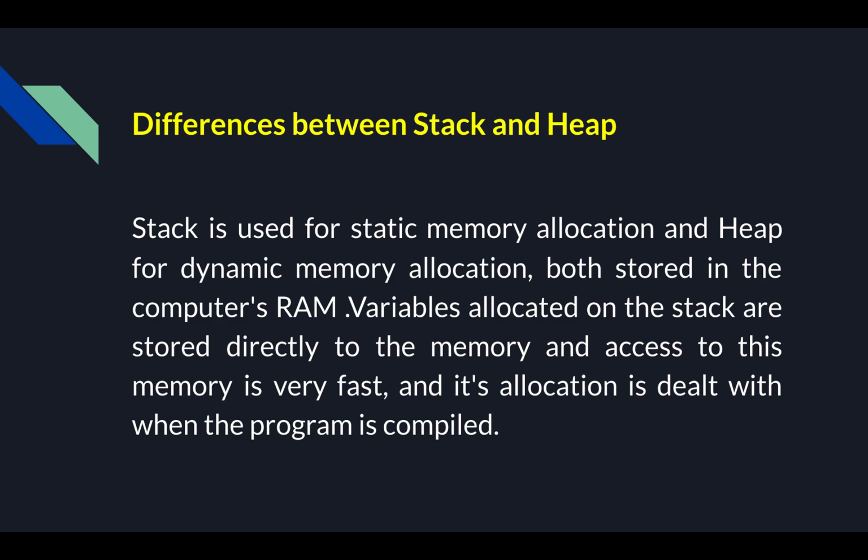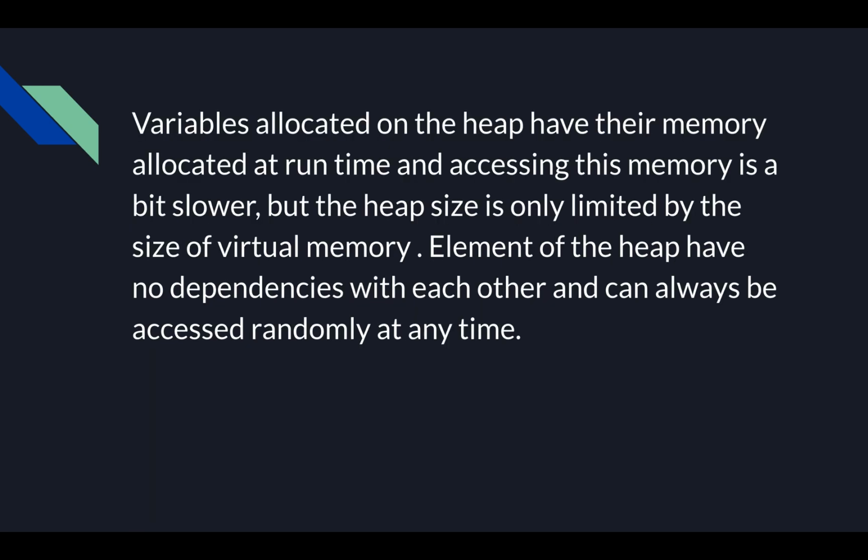In simple computer language, a stack means static memory allocation, whereas a heap means dynamic memory allocation. Both are stored in computer RAM. Variables allocated to a stack are stored directly in memory, and access to that memory is very fast. Allocation is dealt with when the program is compiled.